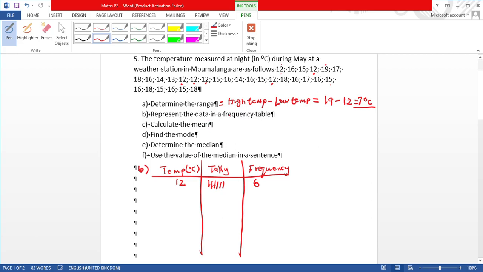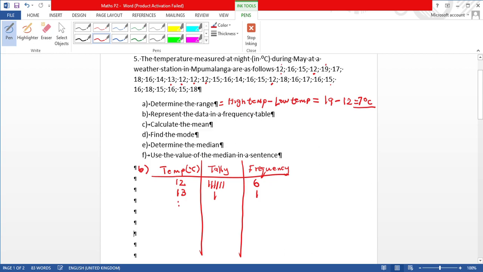The next temperature value after 12 is 13. Let's count the number of 13s that you have. We've got 1, and it seems like it's just one 13. So you're just going to do one mark here and say the frequency is 1.